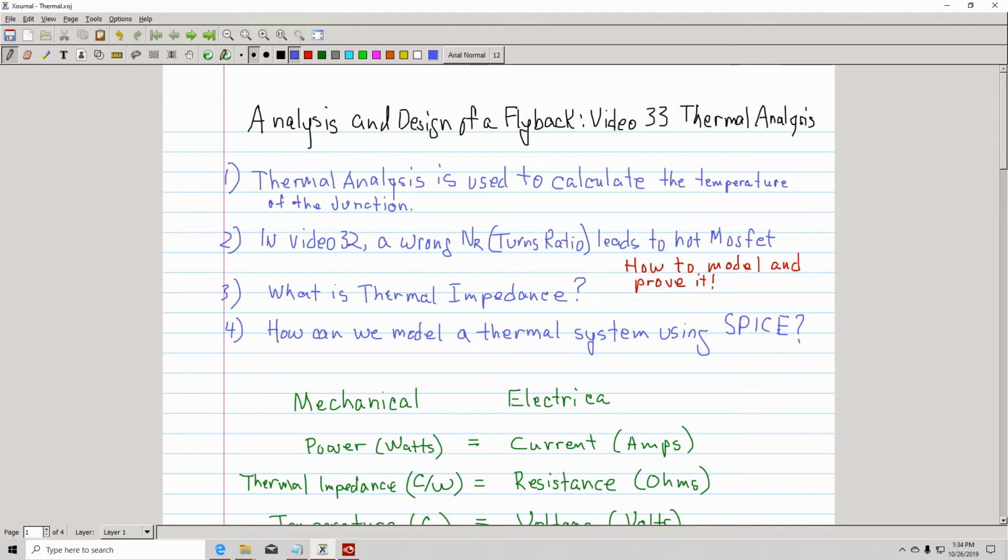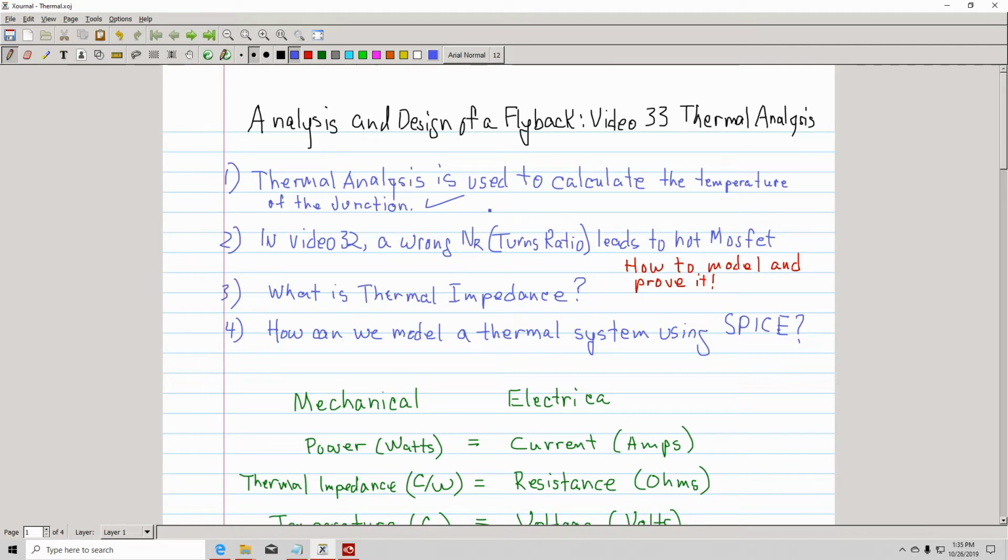the thermal analysis is a very important subject, and typically if you're an electrical engineer, once you do your design, you want to make sure that your power devices can survive and operate within your environmental limitations or specs. So when you do the analysis, you want to calculate the junction temperature of your devices.